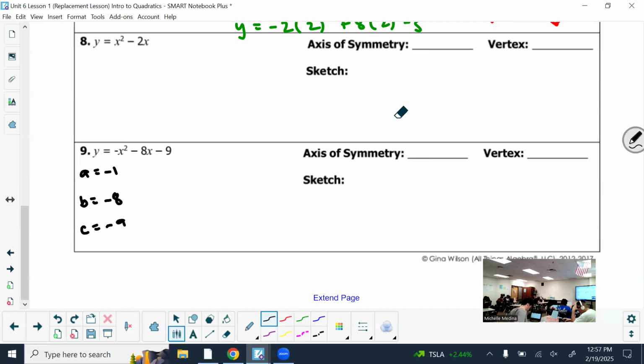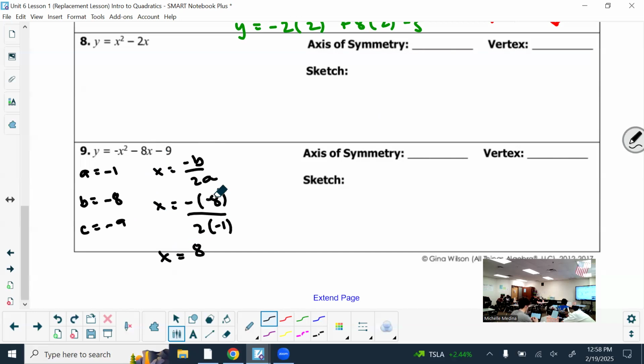Okay, but for our axis of symmetry, plugging it into the axis of symmetry formula, this is how it should look when you plug it in. So I have a -8 over 2 times -1, and then we'll clean that up here. What happens to a -8? Becomes a positive.